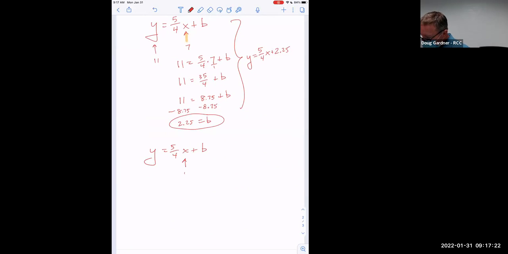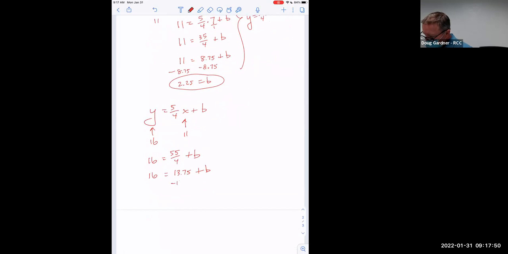So if I put 11 in for x and 16 in for y, because it's supposed to go through that one too, let's see what happens this way. 16 equals 11 times 5/4, which would be 55/4. 55 divided by 4 is 13.75. If I subtract 13.75 from both sides, hey, look at that, I get the same answer. 2.25 equals B.